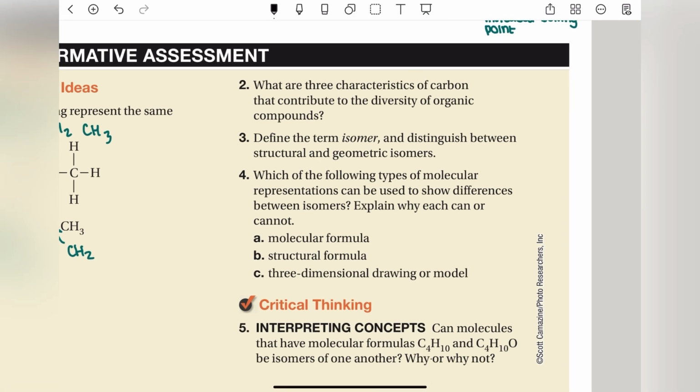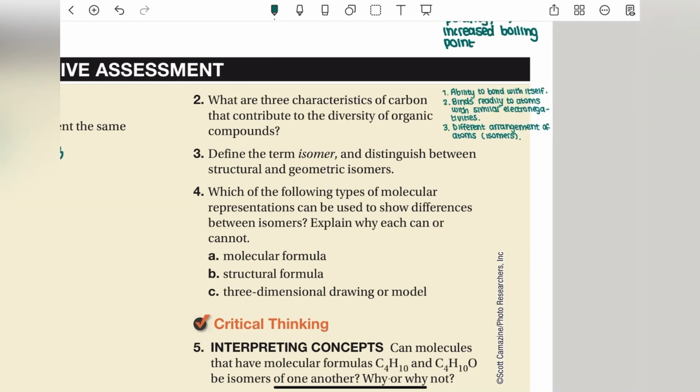The third question asks us to define the term isomer and distinguish between structural and geometric isomers. Okay, so an isomer is two or more compounds that have the same molecular formulas.